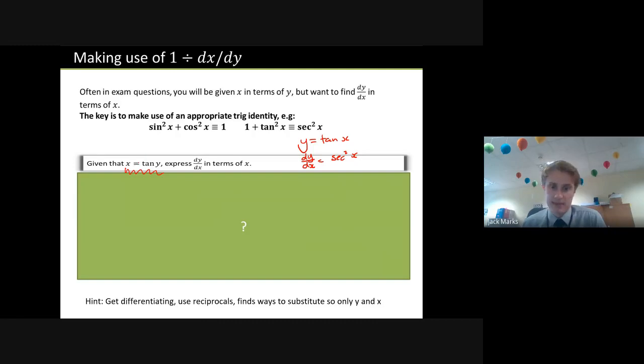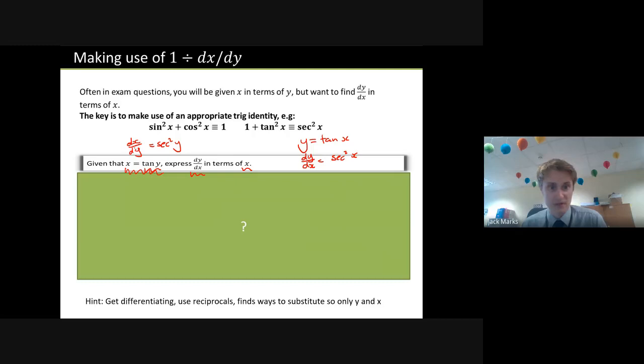Well, this is exactly the same thing, but with the x's and the y's in the same position. So I could say dx dy. I could differentiate with respect to y instead, because this bit here has a y. That's the bit you want to differentiate. So I could get that result there. But the question says dy dx. It also says in terms of x.